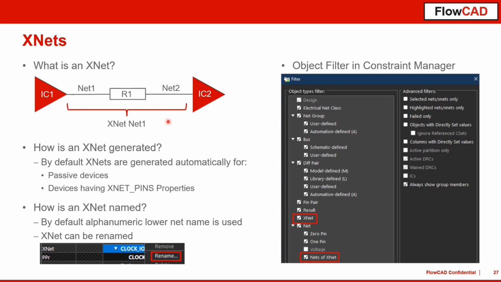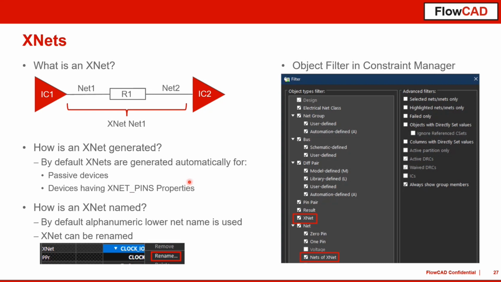The name of this XNet is by default then again net 1. That's how the tool is naming: alphanumerically, the lower net name is used for the extended nets. These XNets are generated automatically by the tool. You don't have to take care of this. The default methodology is that they will be generated automatically through passive devices, and through devices having the XNet pin properties. We will also see this on the next slides.